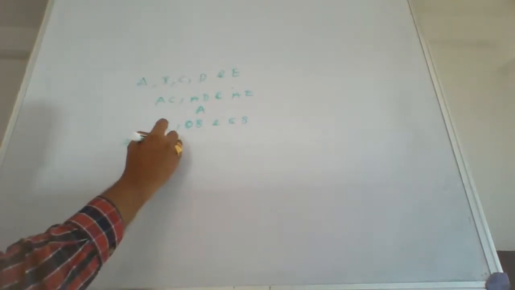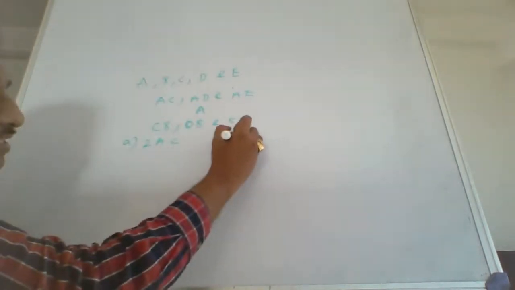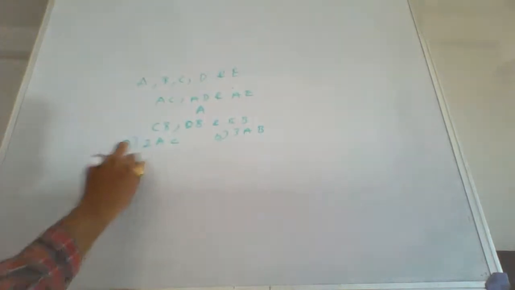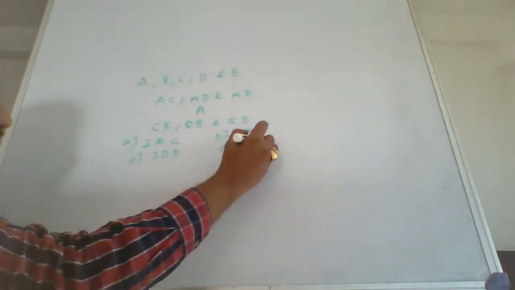The choices given are 2AC, 3AB, 3DB, and 2BC.